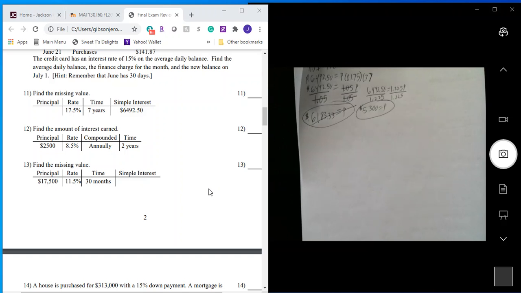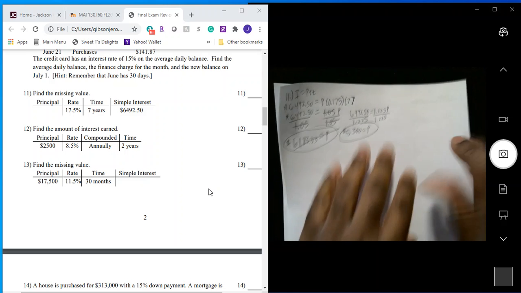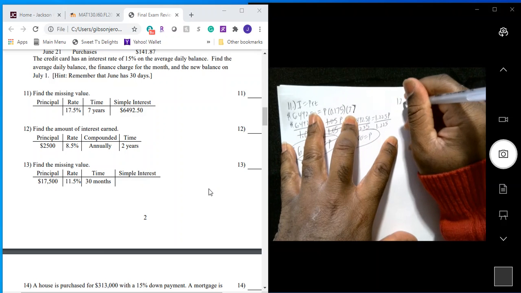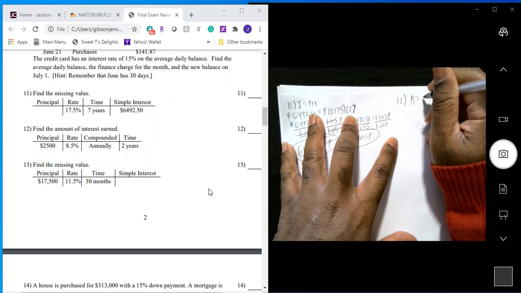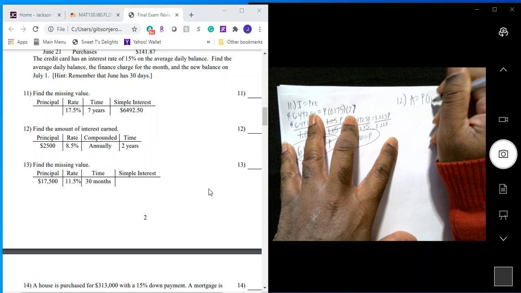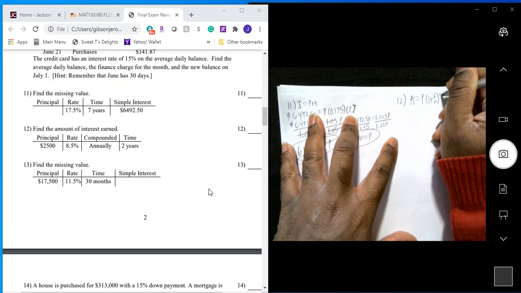It says find the amount of interest earned. Okay, so now we come back to another compound interest formula. So remember, with compound interest, A is equal to P times 1 plus R over N to the NT power.